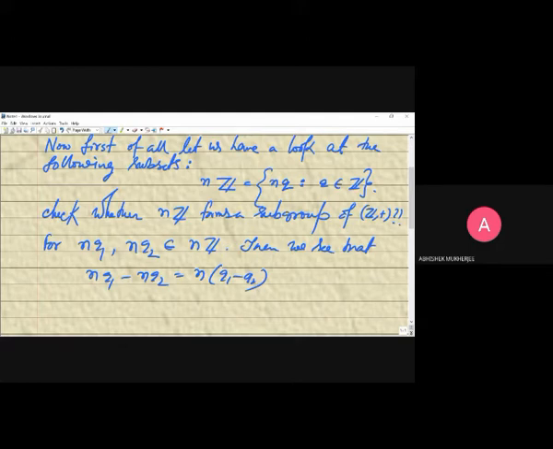That means again this becomes a multiple of n. So it is in NZ.